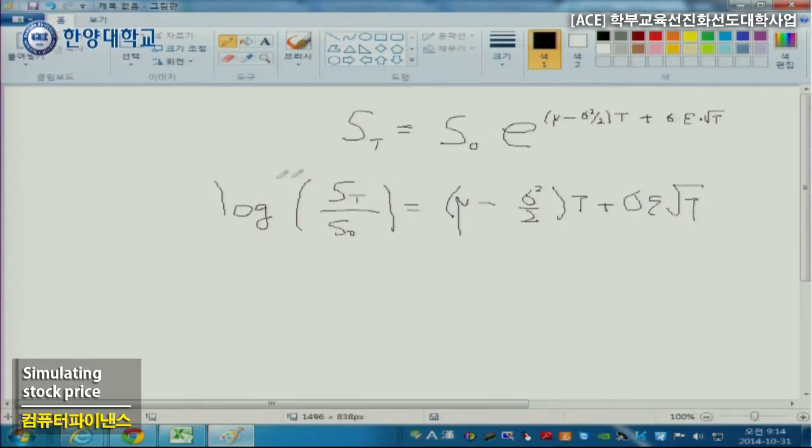But think about this term on the left. What does that mean? It is the holding return.